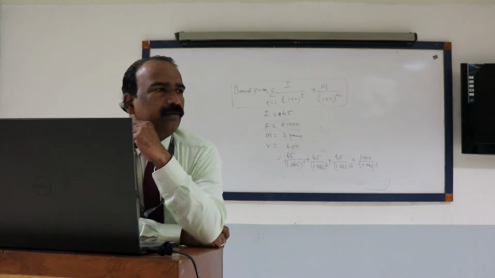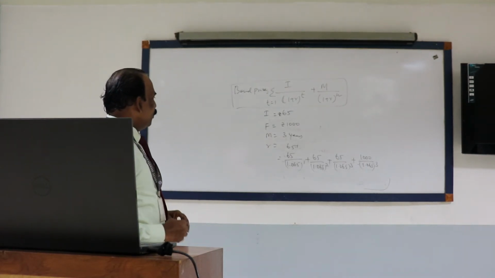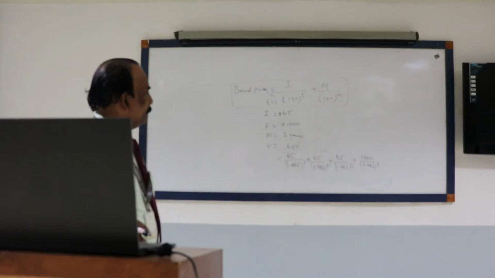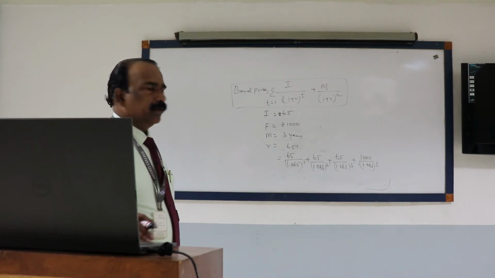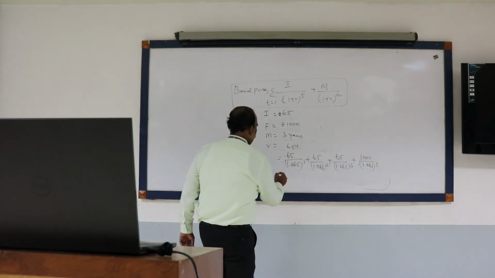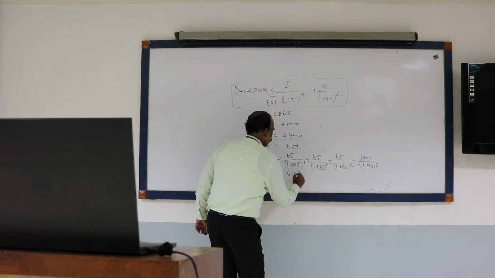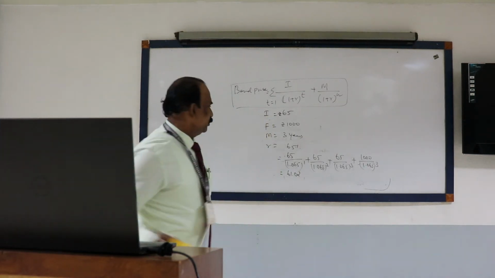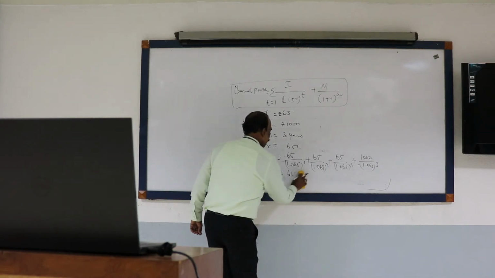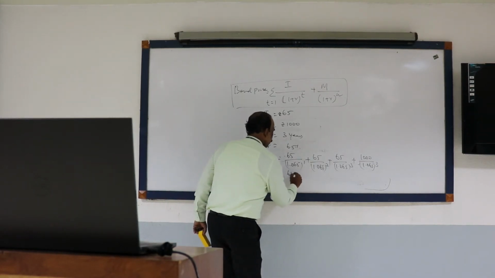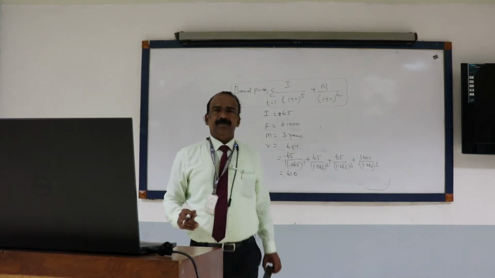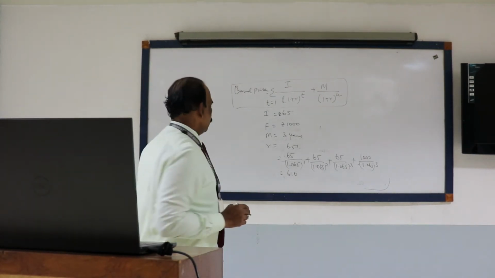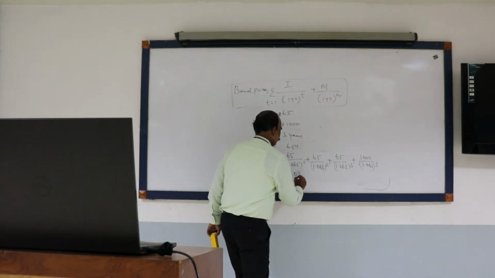So 65 divided by 1.065 power 1, how much? 61.0328, sir. You can make it 2 decimal. So 61.03.